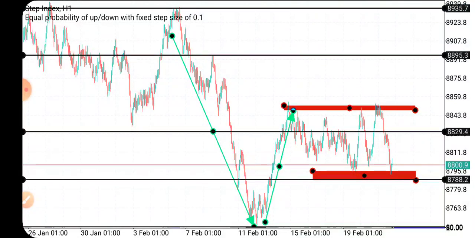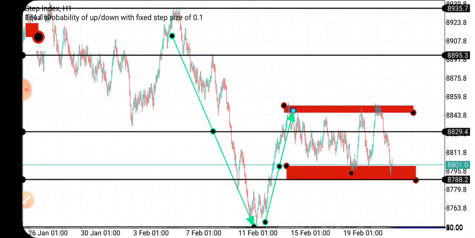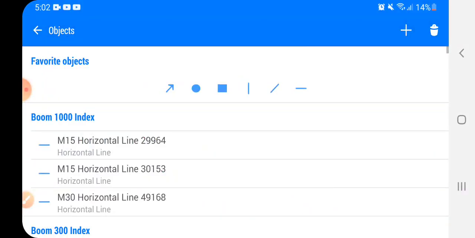You can see this is a support and resistance zone where the price kept ranging for some time now.